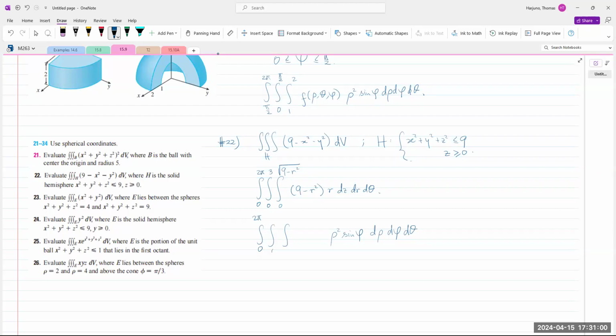The phi will be from 0 to pi over 2, and rho will be from 0 to 3 of 9 minus, now what is x squared plus y squared? That's r squared, but r squared in cylindrical is equal to the quantity rho sine phi, squared.